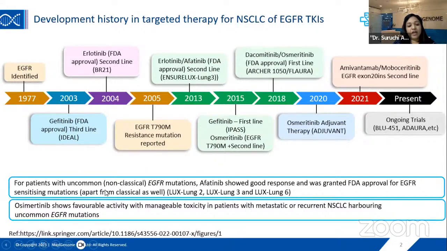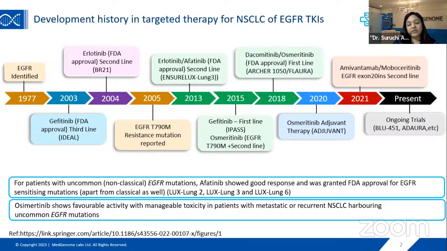For uncommon or non-classical EGFR mutations, afatinib has also shown a good response and was granted FDA approval based on some trials. Osimertinib has also shown favorable activity with manageable toxicity in patients with metastatic or recurrent non-small cell lung cancer which harbors uncommon EGFR mutations. There are multiple types of molecular biomarkers which can be targeted in lung cancer, EGFR being the most common.